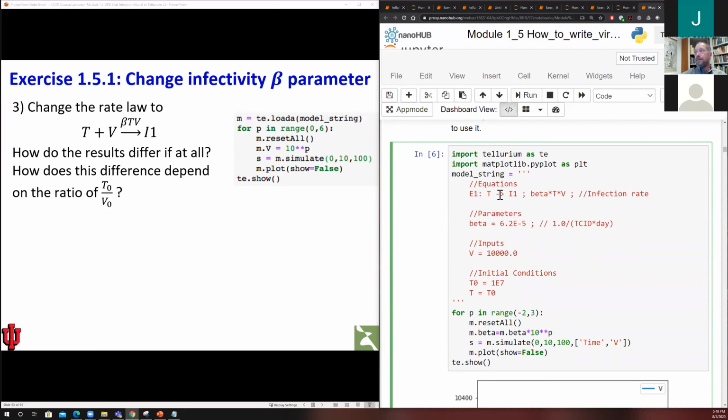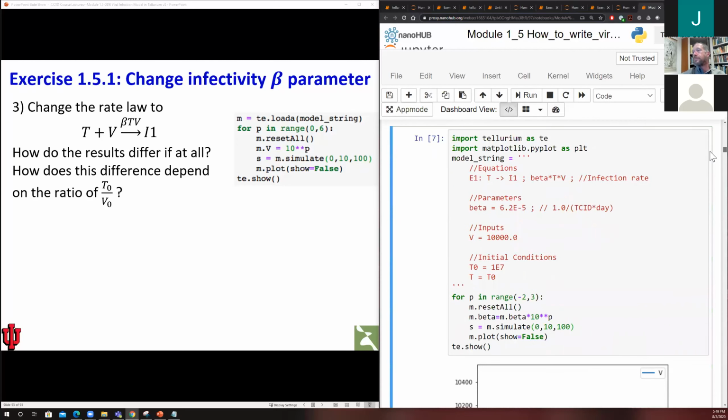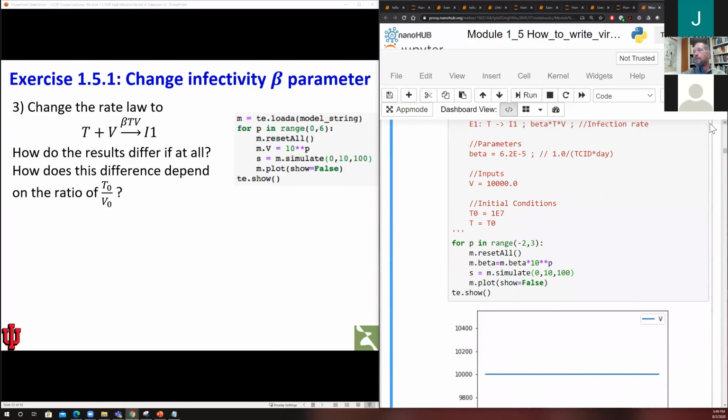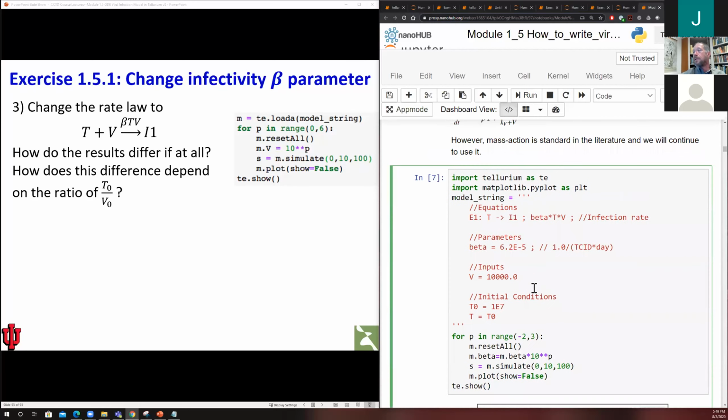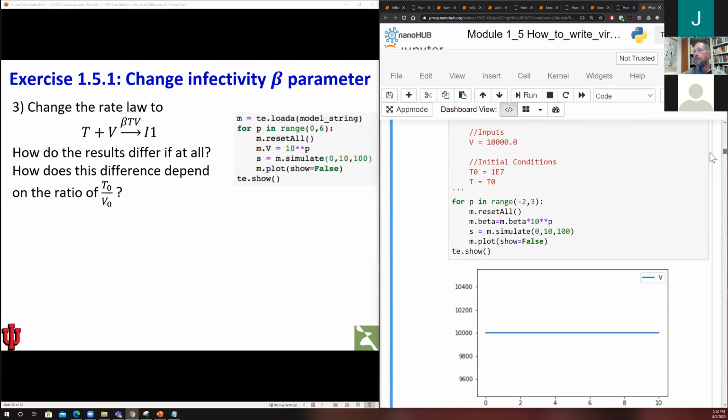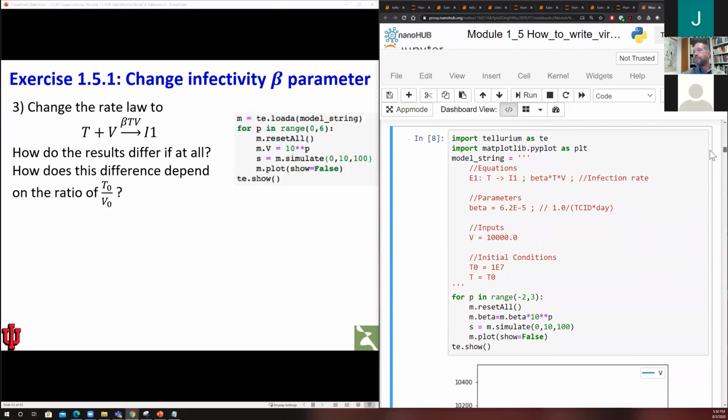Let's take this out. And let's not plot V, but let's plot all of my variables. Something interesting is happening here, because it is not reloading my simulation. What's missing here?